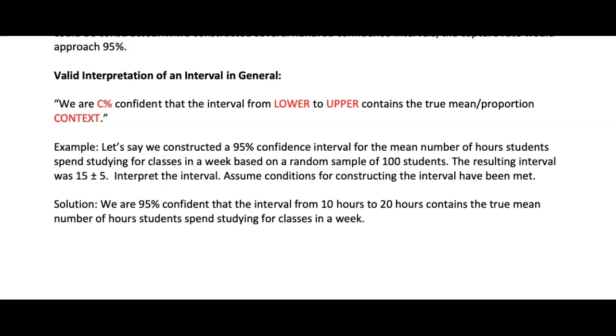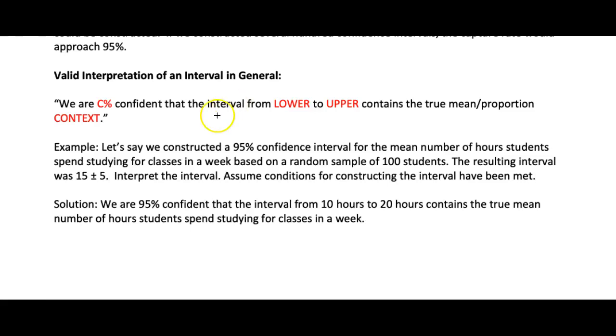So here's an example. We've constructed a 95% confidence interval for the mean number of hours students spend studying for classes in a week based on a random sample of 100 students. And the resulting interval was 15 plus or minus 5 hours. So we're going to interpret this interval and assume the conditions for constructing the interval have been met.